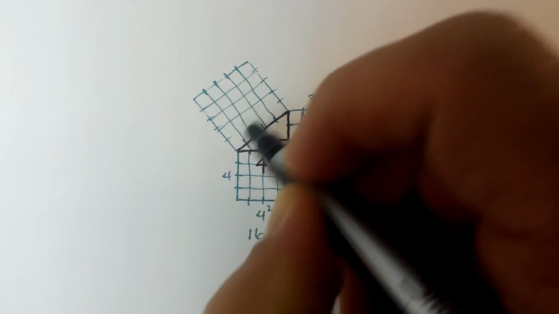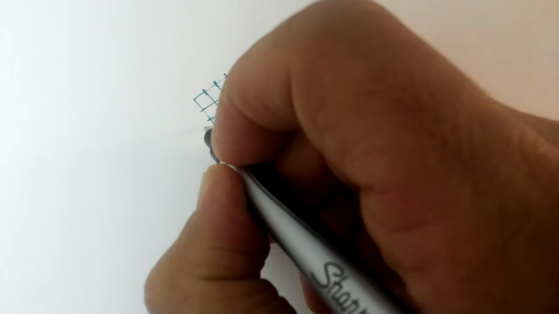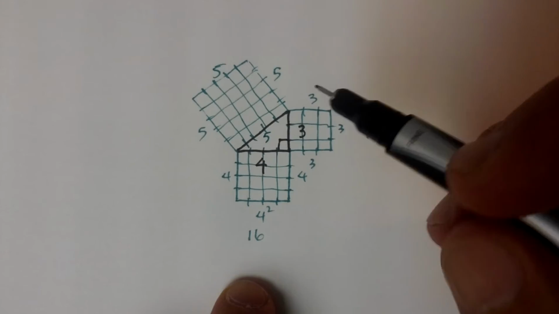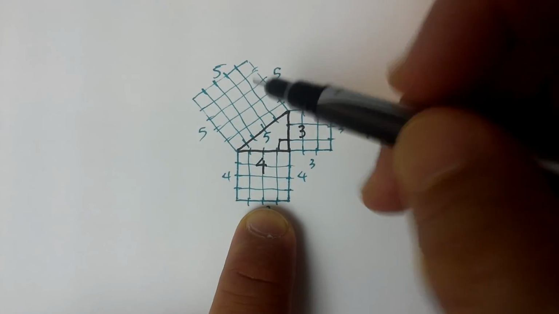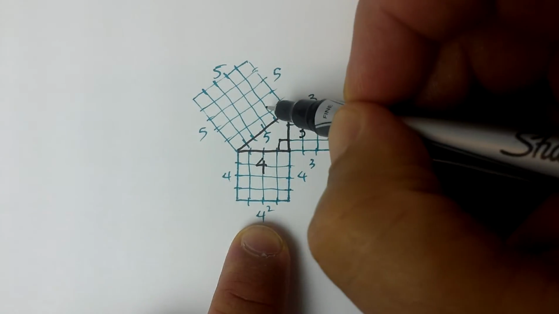Okay, let me just draw all these in here. And this would actually end up being 5. That would be 5, and that would be 5. If you were to take all these boxes and add it to all these boxes, you would get all these little boxes. In other words, this area plus this area would equal that area.